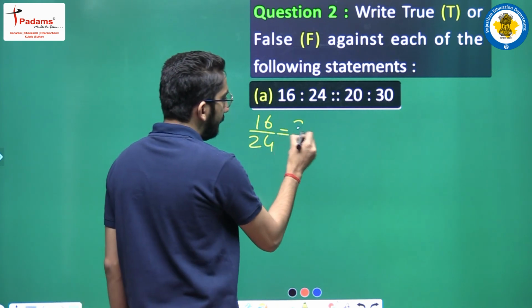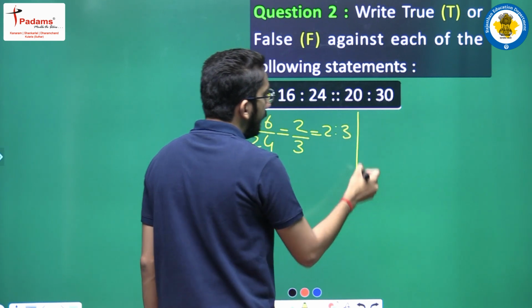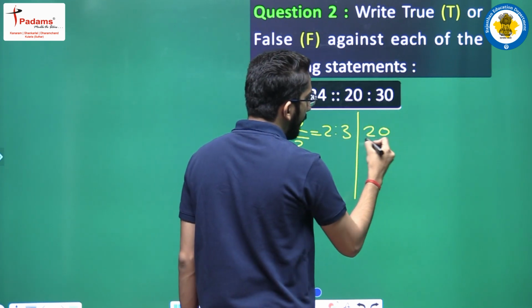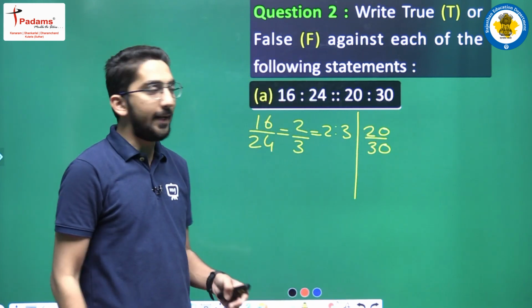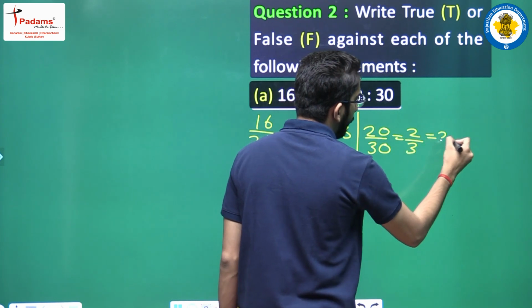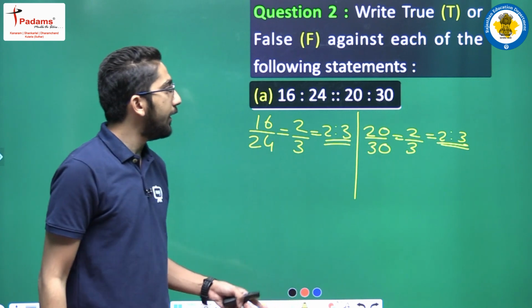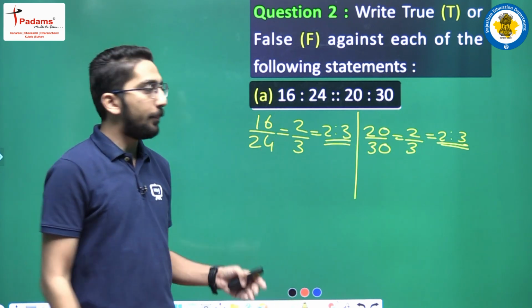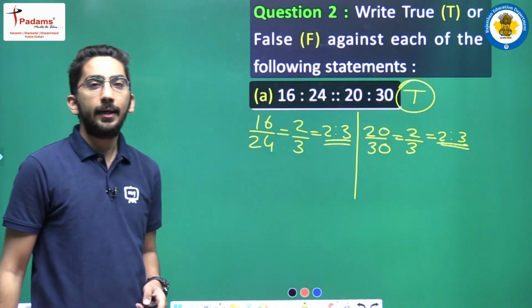So it will become 2/3 or 2:3. Similarly for 20/30 you can check. We can divide both of them with 10. It will become 2/3 or 2:3. So both the ratios are 2:3. So yes, they are in proportion. So this statement is true. ठीक है, नेक्स्ट देखते हैं.